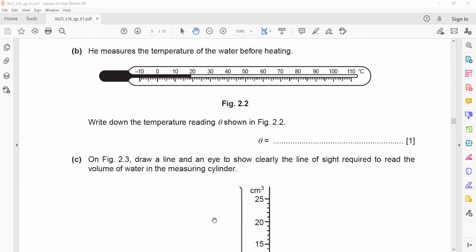For the next part, he measures the temperature of the water before heating. Write down the temperature reading. It is 19, so that is 19 degrees centigrade.